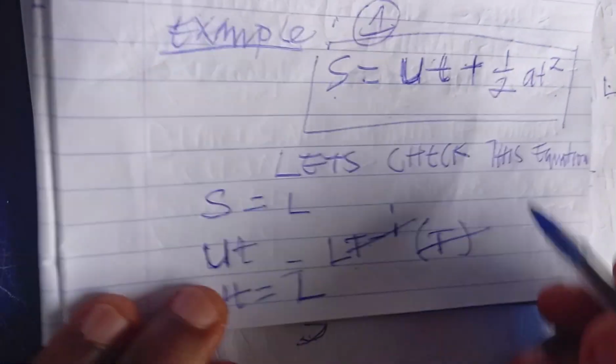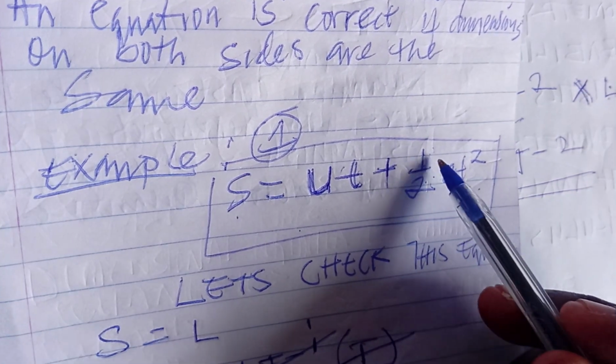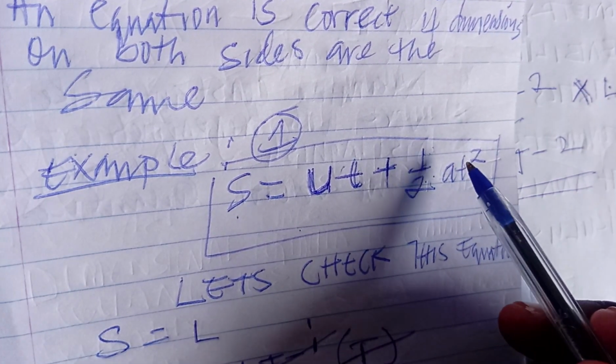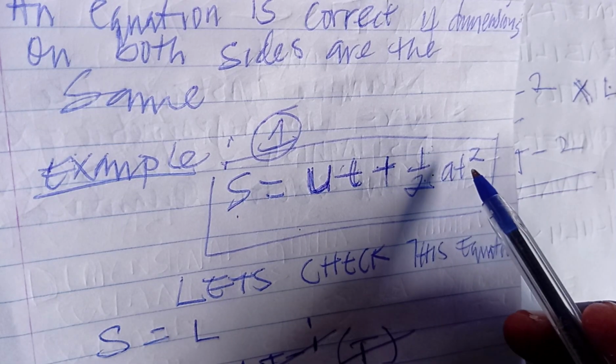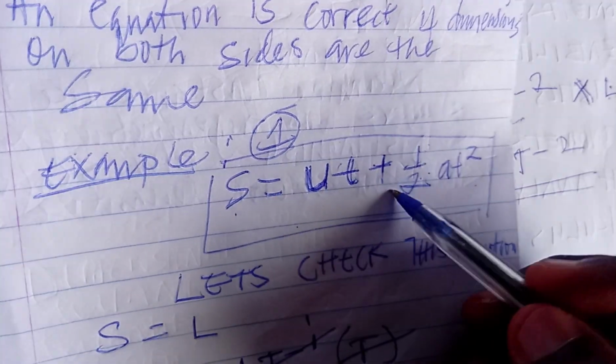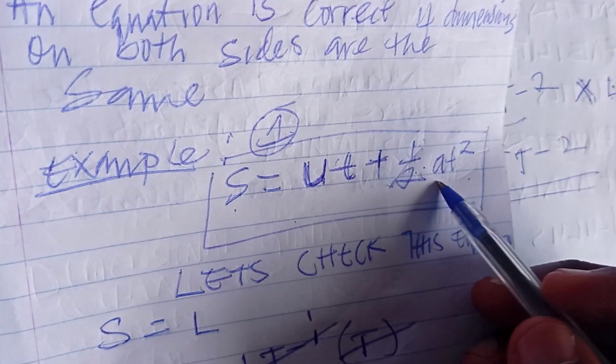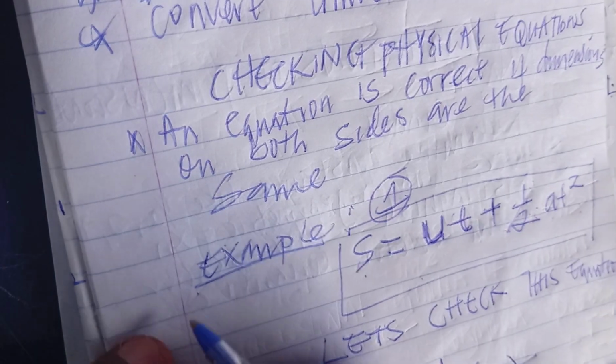For half, please, whenever you see half in dimension, don't look at any number. Dimension does not look at constants. It doesn't look at all those things. I will still list them out for you. So this half is gone. Then we look at AT squared. A is acceleration, right?